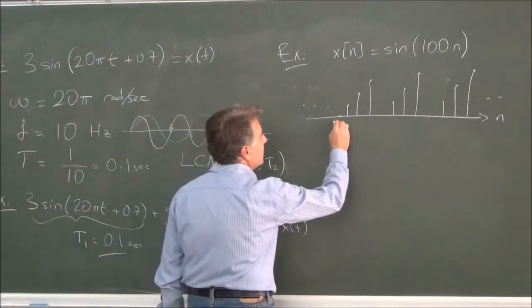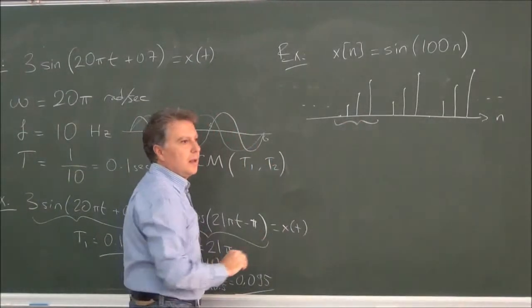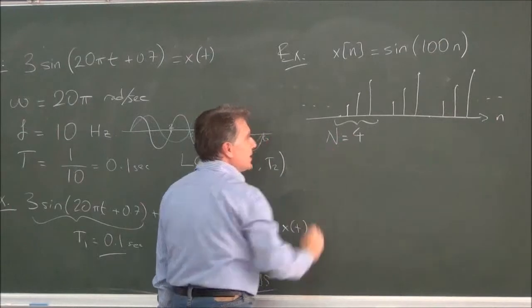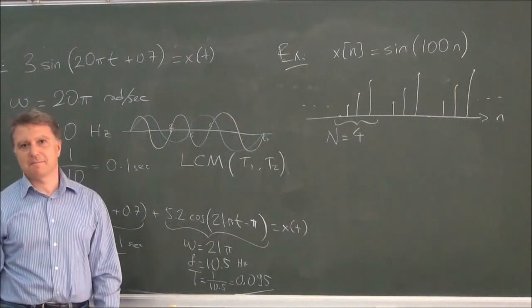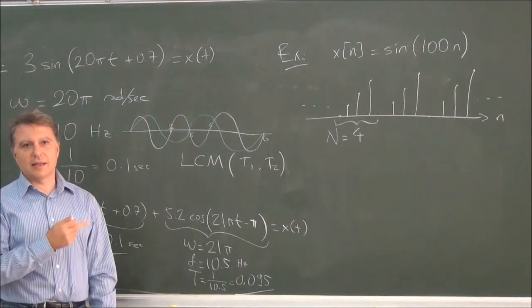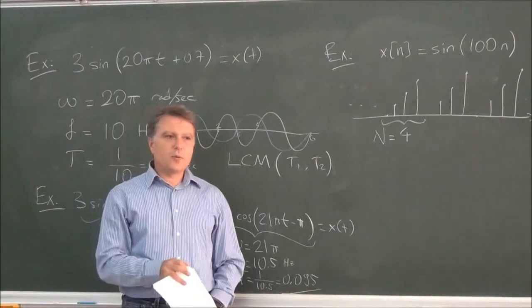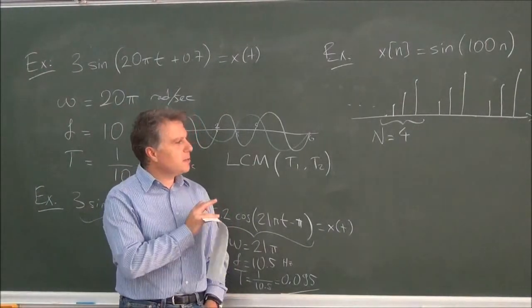And what's the period? The period is 4. And it is notated with an uppercase N, not a capital T. And as the name implies, it must be an integer. So rule number 1: the period of a discrete time signal must be an integer.